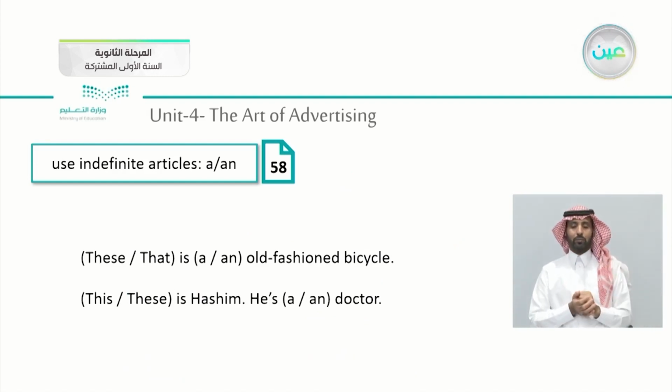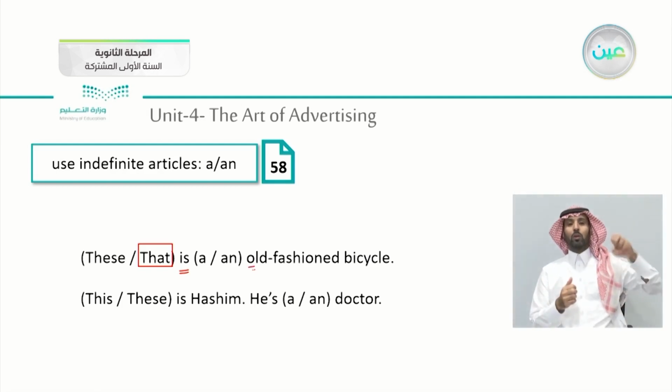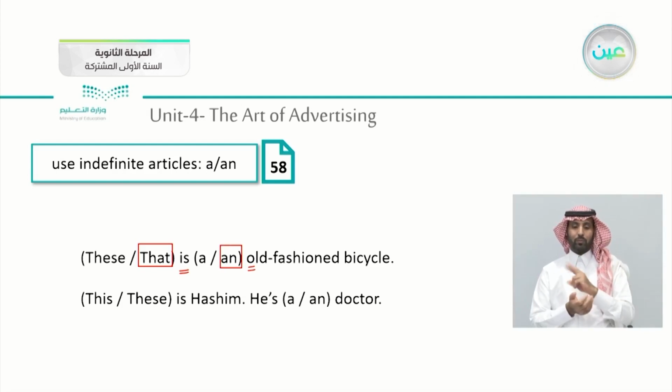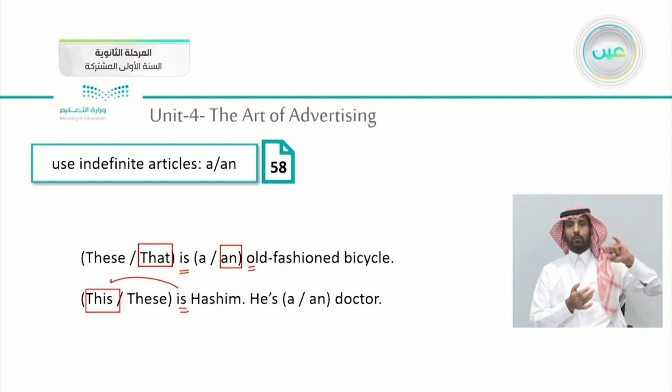This or that is one. Demonstrative pronoun, that. These are. An or a, old. Notice the o sound, an old-fashioned bicycle. This or these, is Hashim, this one. These are my brothers. He is a doctor, notice the sound, so we can choose a doctor.